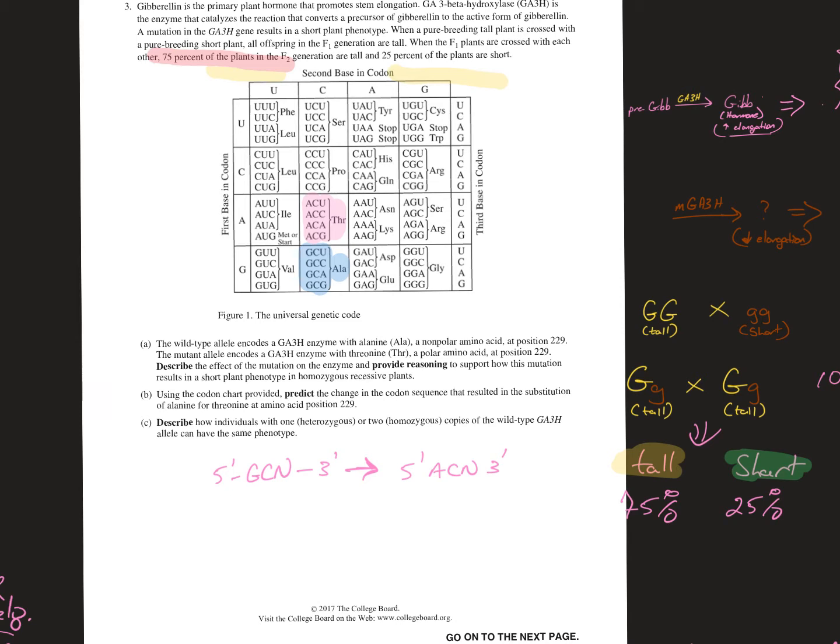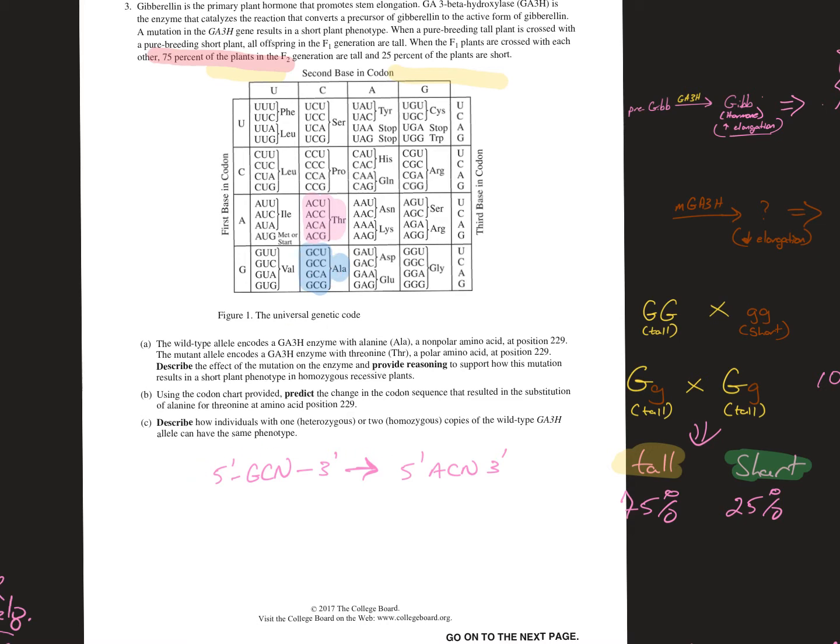I'm not sure if you need to go through all that trouble. I just think that if you keep it simple and just use the evidence that you have in front of you and say that the first position of the codon changes from G, the only way to get alanine, to an A, then you would go from alanine to threonine.